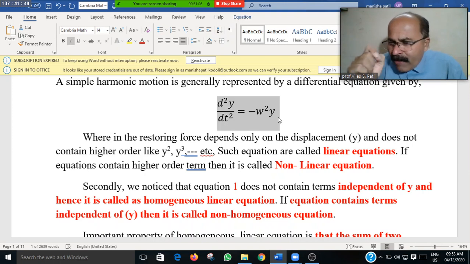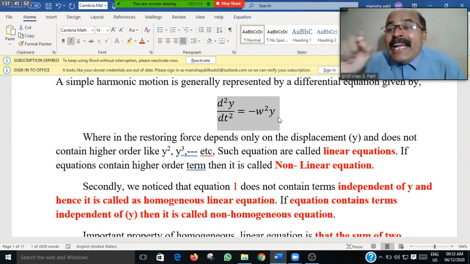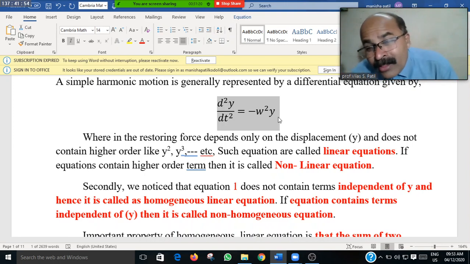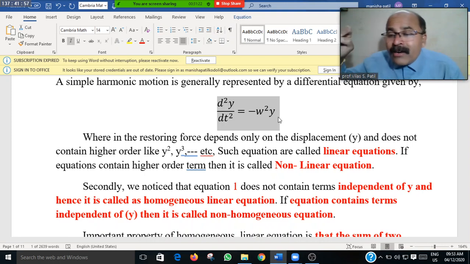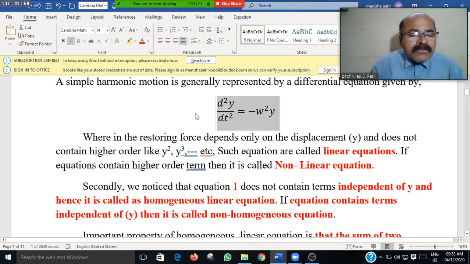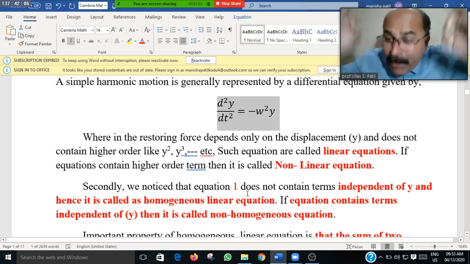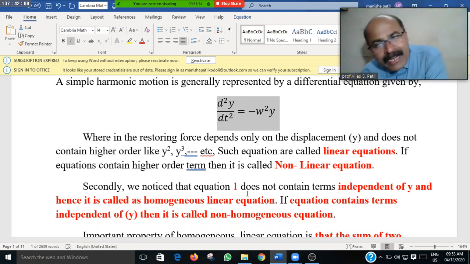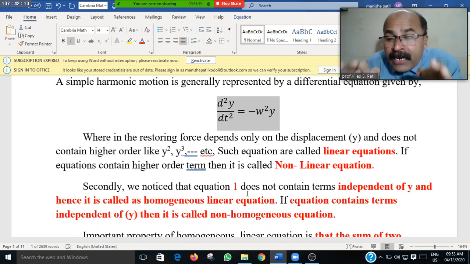In the RHS, minus omega square y also contains y, meaning it is dependent, not independent, it is dependent on the displacement. Friends, secondly, we notice that equation 1 does not contain a term independent of y, meaning it is dependent on y.